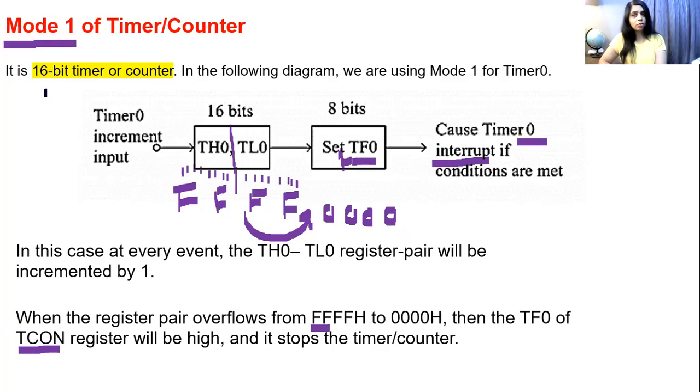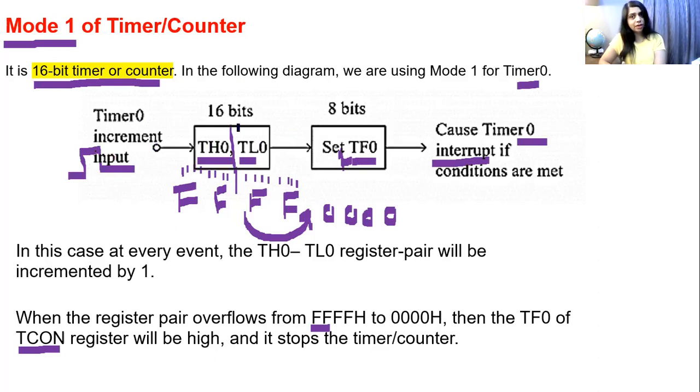So remember, in mode 1 it is a 16-bit timer counter. We are using TH0 and TL0. If we are considering timer 0, after every clock pulse both will increment by 1, and at one point all 8 bits will become 1 here and all 8 bits will become 1 here. When we apply one more clock cycle, there will be overflow.